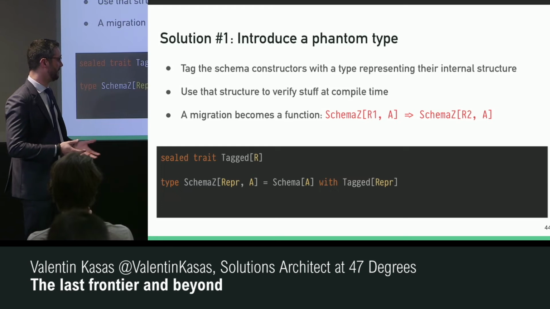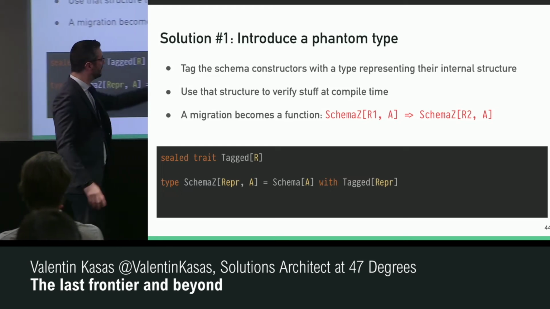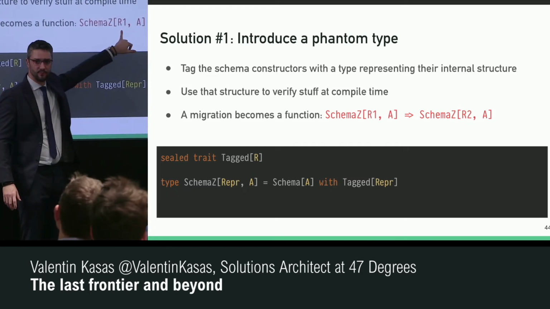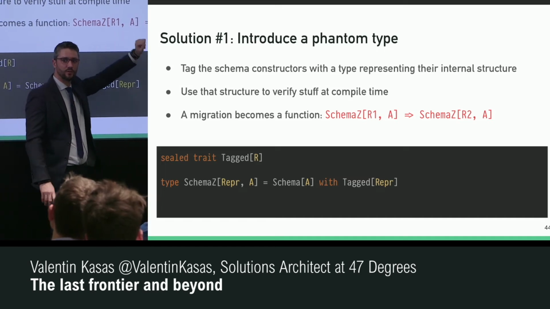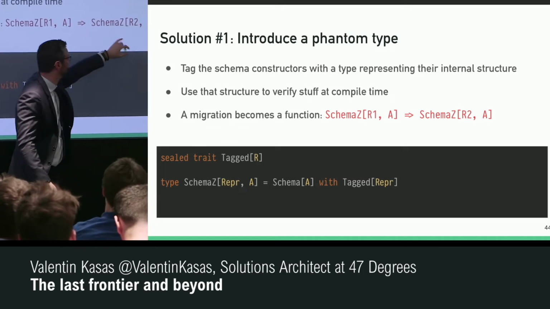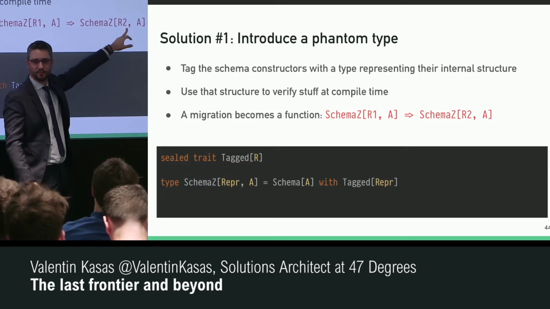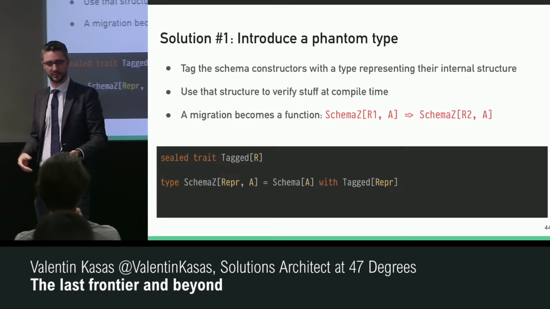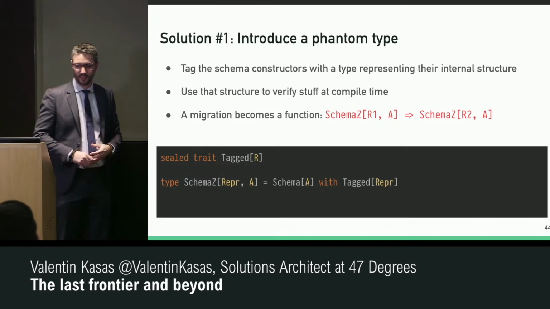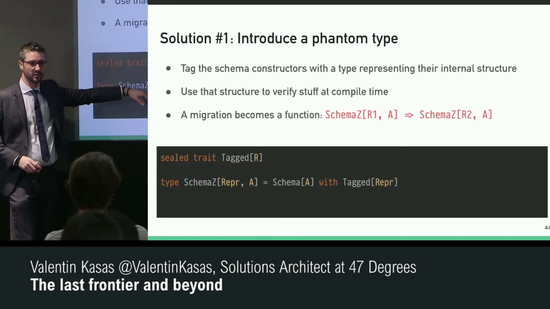And so a migration becomes a function from schema of a representation, a structure of the schema representing this type, to another schema representing the same type, but with another representation. For example, I've dropped a field, I've added a field, and so on and so forth. And we use basically just a tag.